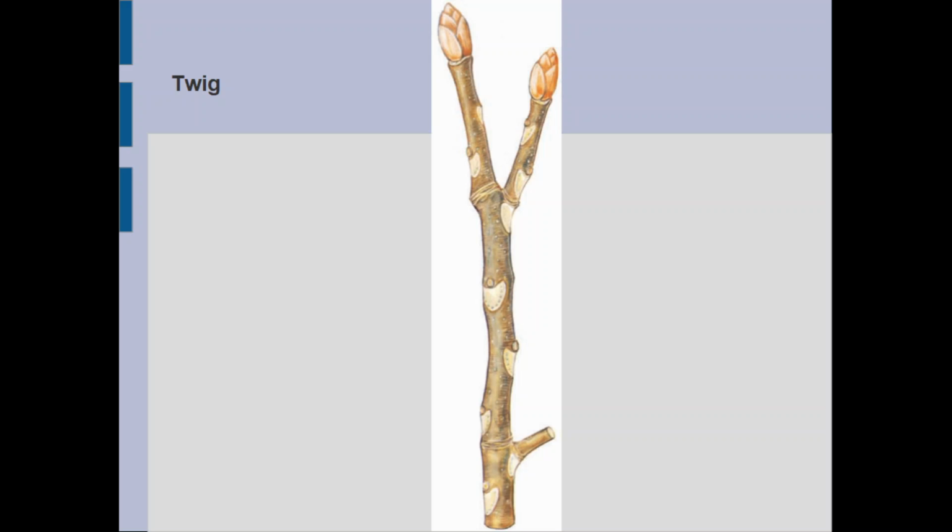So the primary growth is common for herbaceous tissues, and secondary growth is usually in woody plants.